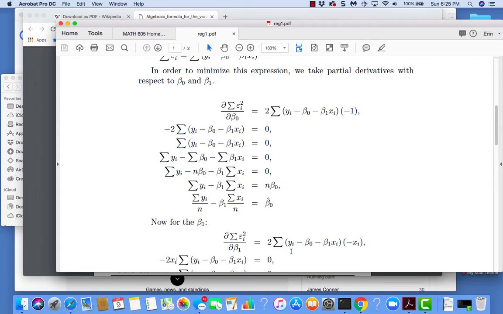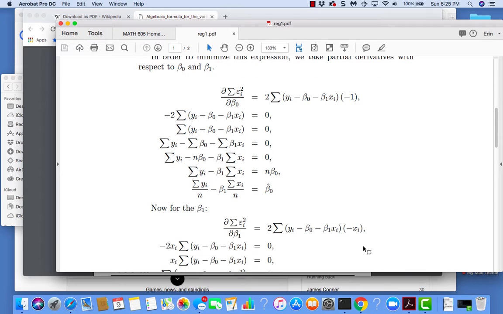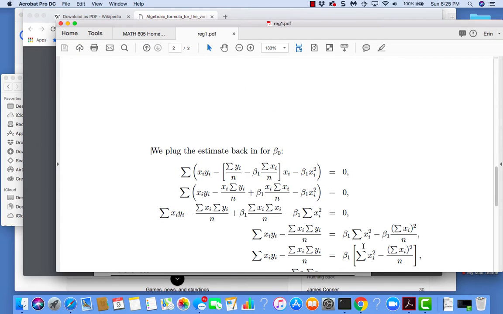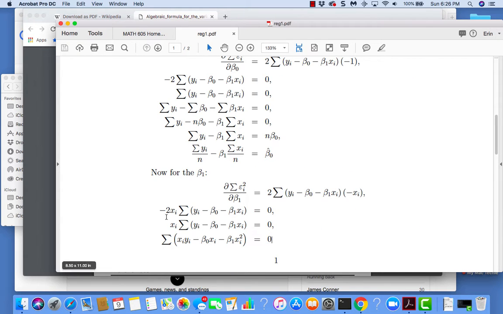Now we have to solve for the beta 1. So we're going to attack this the same way. I pull the 2 down in the front. Now this time, I'm taking the derivative with respect to the beta 1, and I've got the minus x i term there. Okay, so I have minus 2 x i times the summation of the quantity y i minus beta 0 minus beta 1 x sub i equals 0.